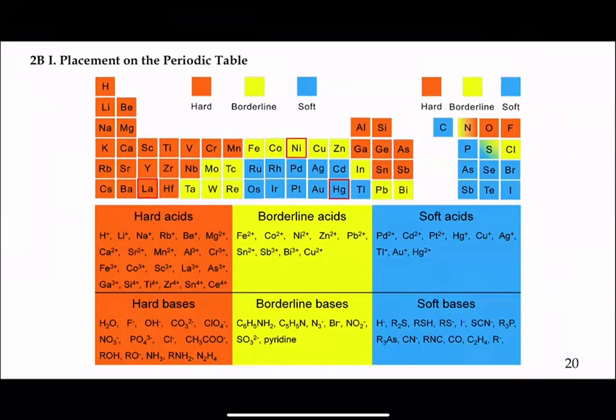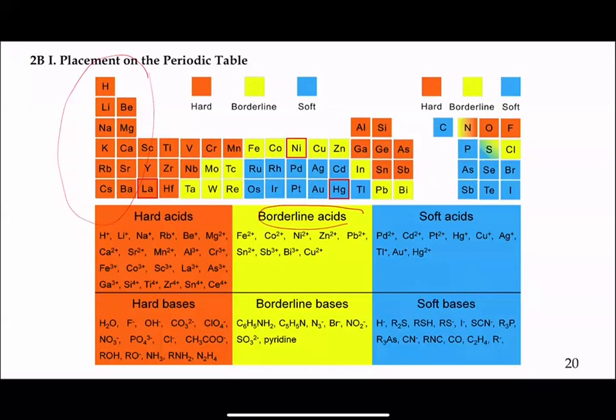As I already mentioned to you, we see the classical alkaline earth metals as being hard, and we have a number of these transition metals that are hard, especially as they have a high oxidation state, okay? And then those things that are borderline. So something like iron, for instance, falls in both categories, hard and intermediate, because of its oxidation state.